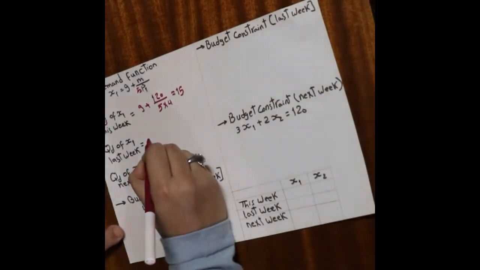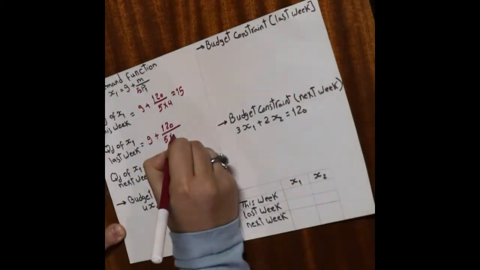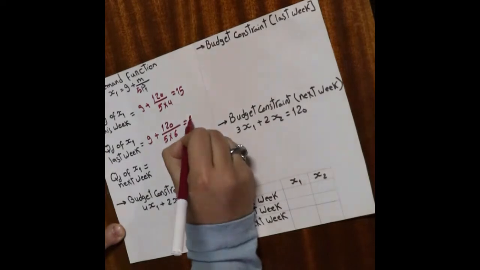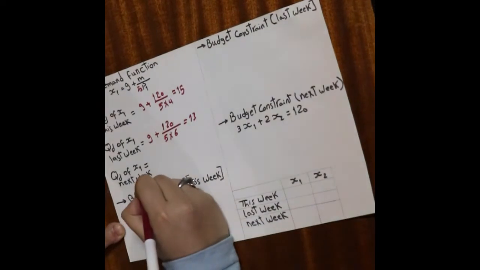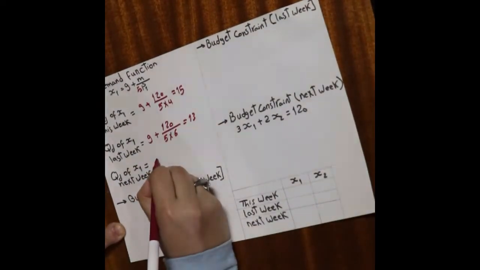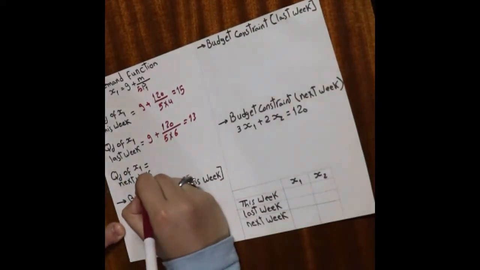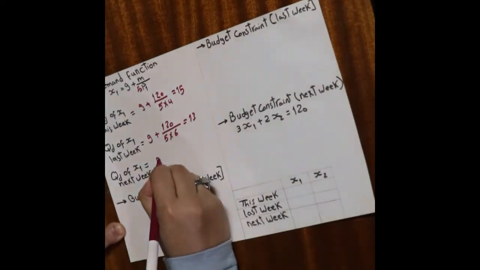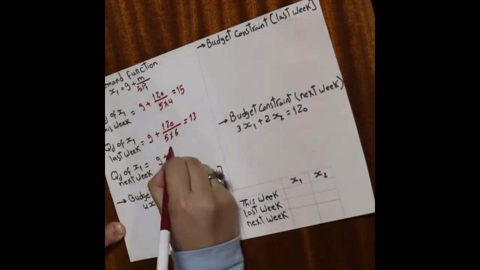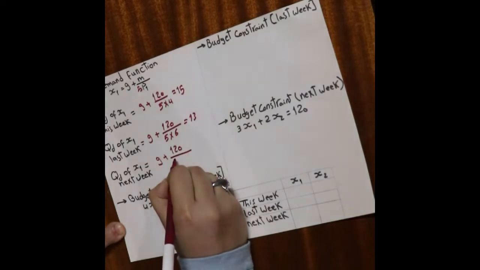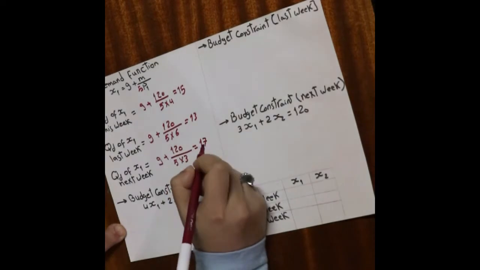The price of gas last week equals 6, so the quantity demanded equals 9 plus 120 over 5 multiplied by 6 equals 13 units. The price of x1 next week equals 3, so the quantity demanded equals 9 plus 120 over 5 multiplied by 3 equals 17 units.